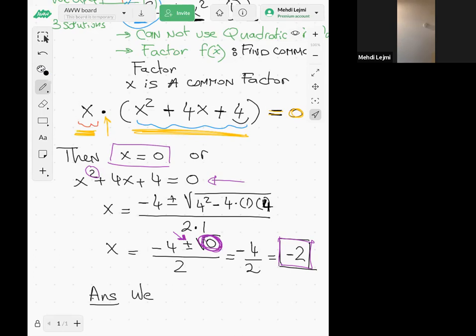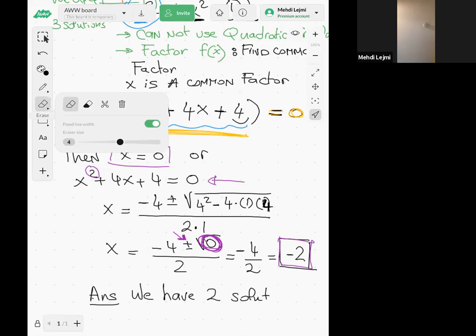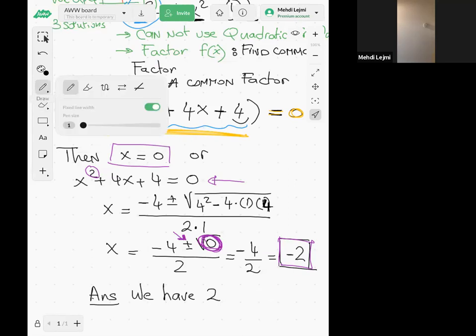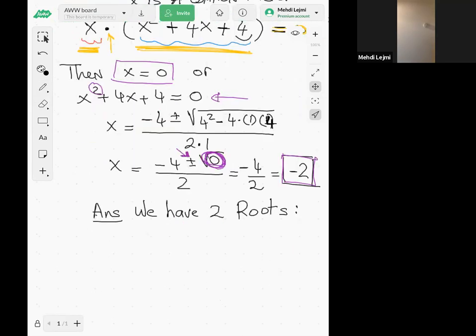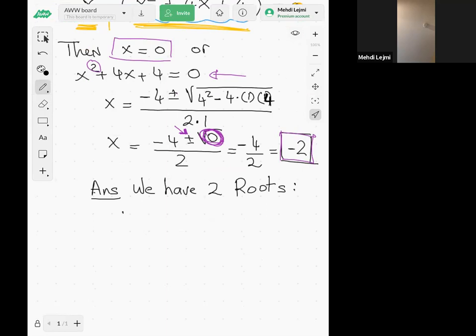So we have 2 solutions, or 2 roots. Let me use the word root instead of solution. So we have 2 roots or zeros. We have x equal to 0 and x equal to -2, right?